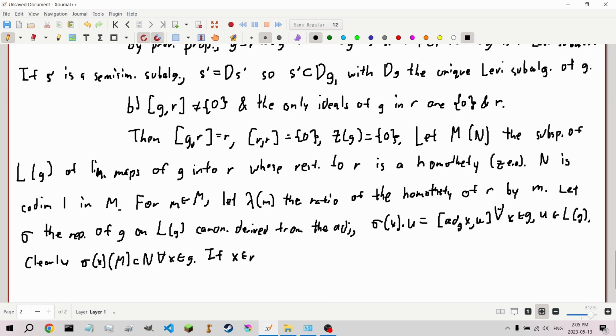So if x is in the radical, y is something in G, U is in M, so use a linear map of G into R whose restriction to R is a homothety.